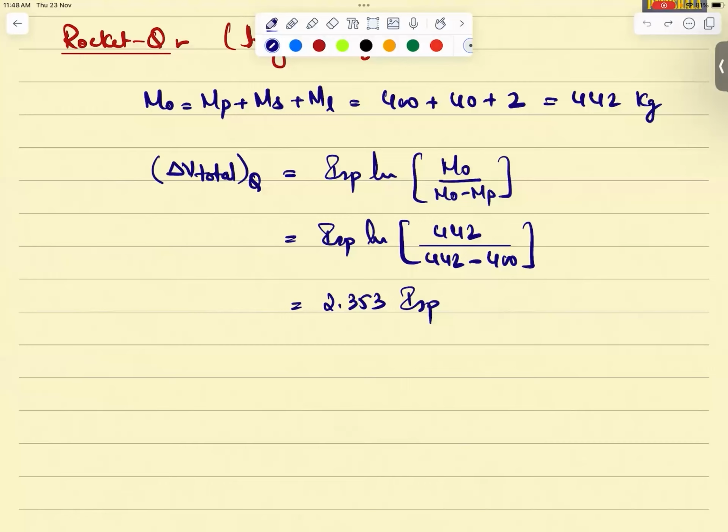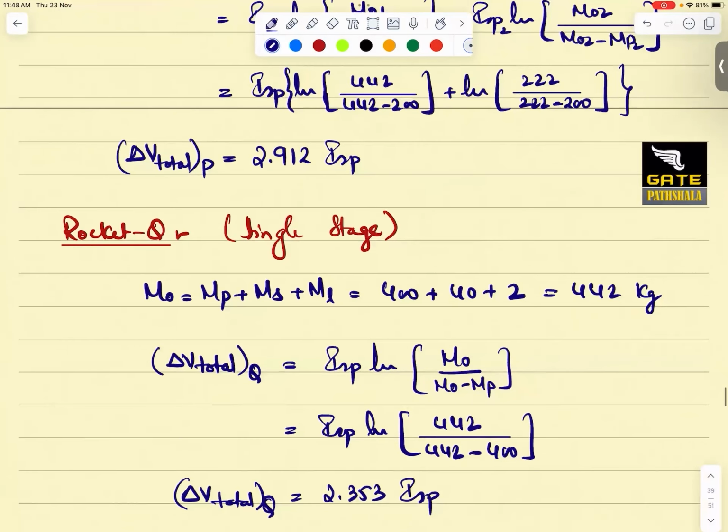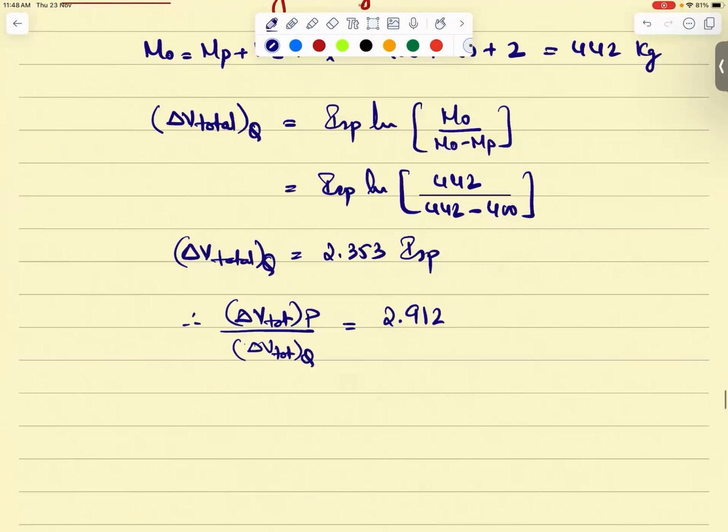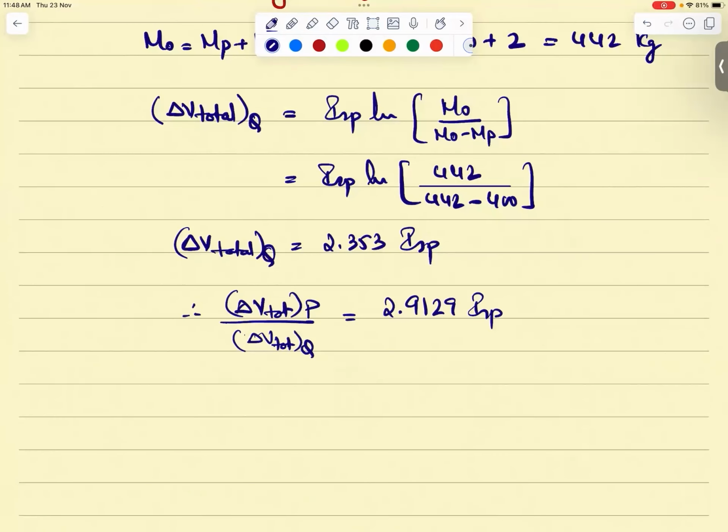So therefore, delta V total for P divided by delta V total for Q is 2.9129 ISP divided by 2.353 ISP.